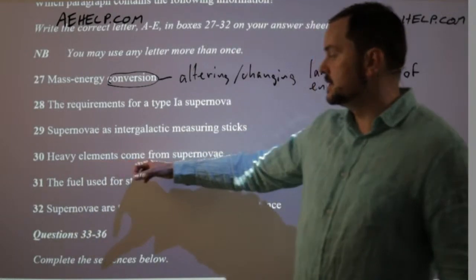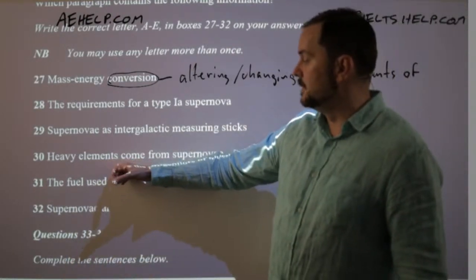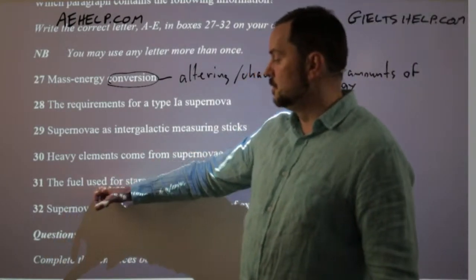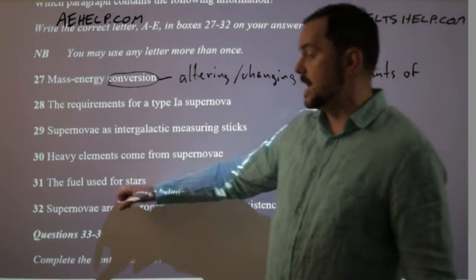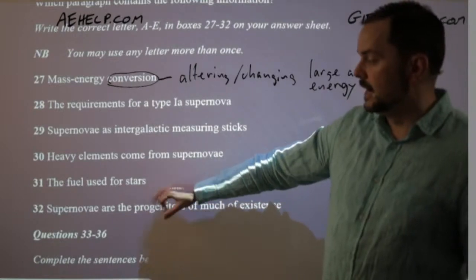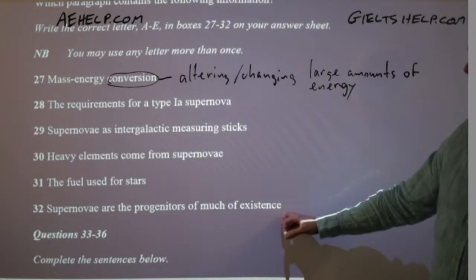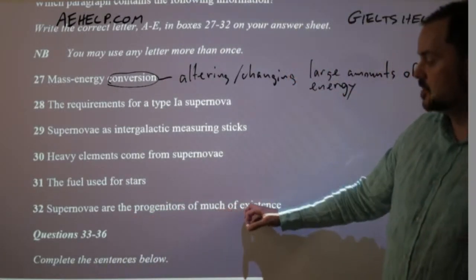Heavy elements come from supernovae, all right? Heavy elements originate from supernovae. The fuel used for stars, so the energy or the power that's needed by stars. Supernovae are the progenitors of much of existence. Supernovae are the source of much of existence.